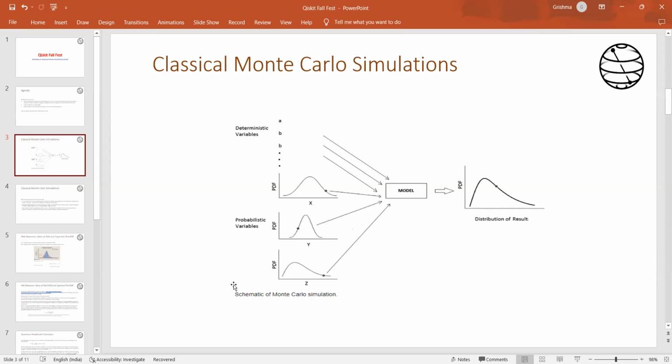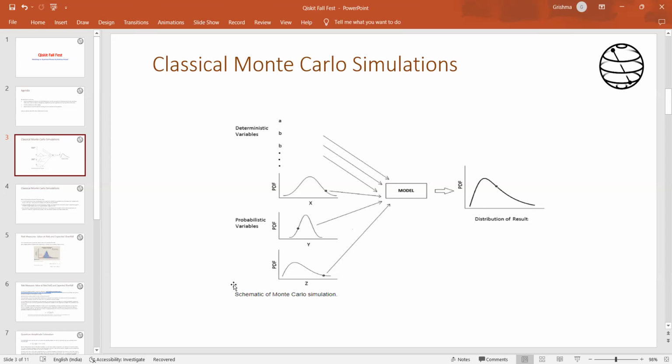Now, the idea of drawing random samples is to construct several scenarios. So one scenario will be where the market is doing extremely well. One scenario could be where the market is doing absolutely bad. So you can have several such scenarios, and for those scenarios, you will have an output value.